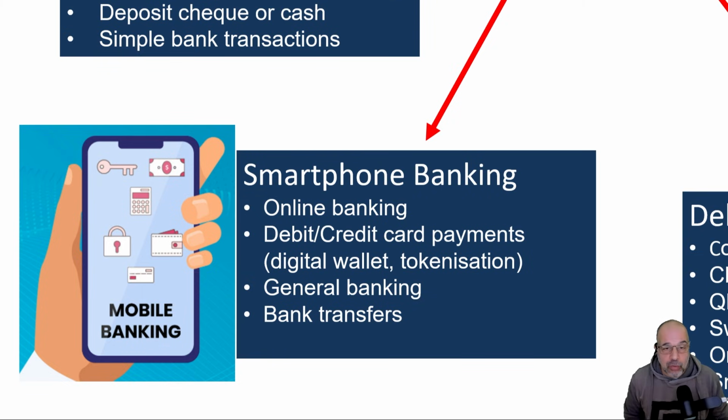And we said the general advantages are it's accessible 24/7. You've always got your device with you. Normally your devices will use either Wi-Fi or the mobile network, something like 3G or 4G. So you don't need to have Wi-Fi access to the internet. You can use telecommunication data, and you're able to carry out your banking services from wherever and whenever you want.